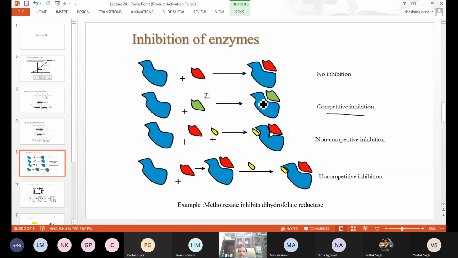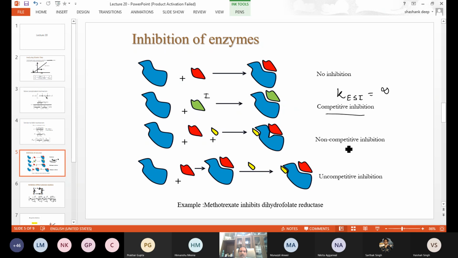Both I and S can never bind at the same time with the enzyme, so please keep that in mind. That is called competitive inhibition. Mathematically, KESI will be infinity, so the dissociation constant of ESI is infinity. It means this ESI complex doesn't exist.